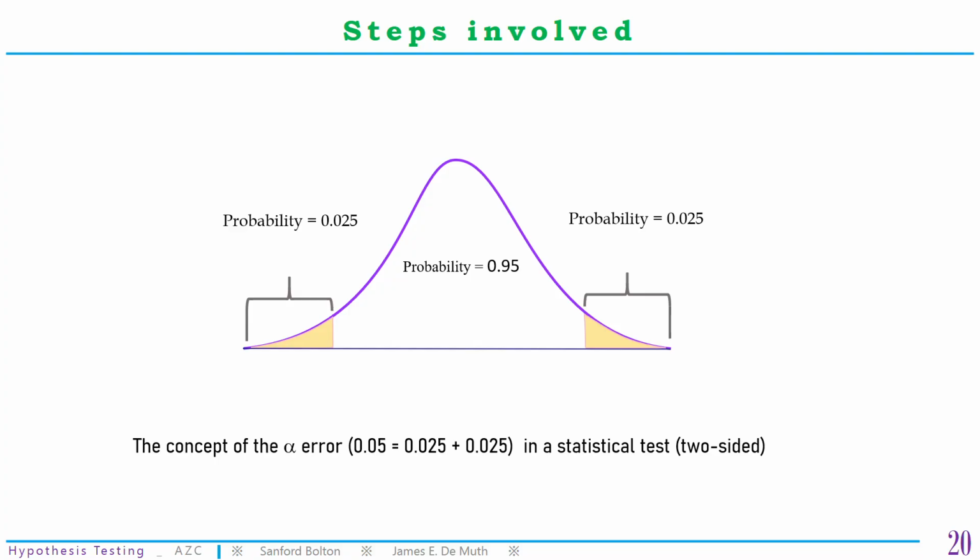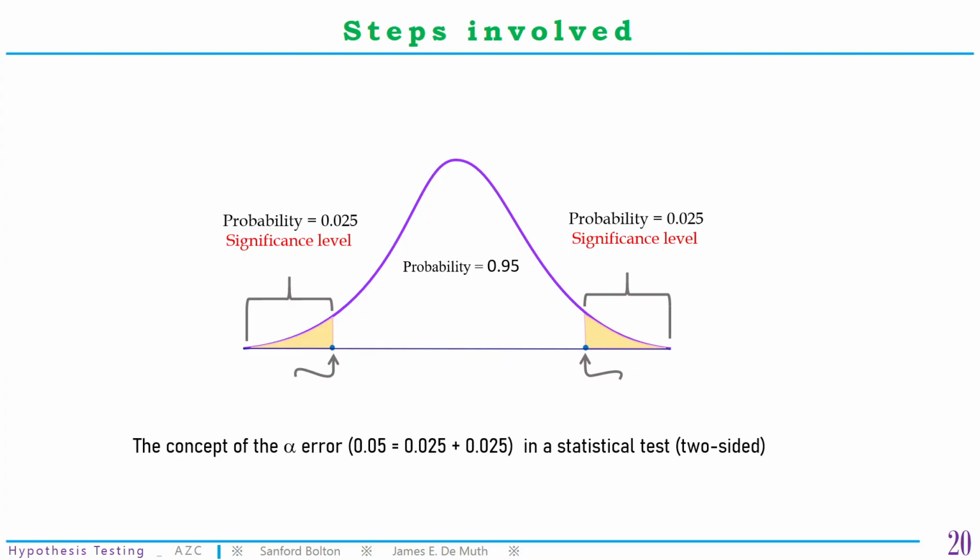That is, the difference is significant at the 5% level. As it is a two-sided test, the significance level is divided between both tails of the curve. Thus, on both sides, the significance level is 0.025. The remaining probability in the middle area is 0.95.